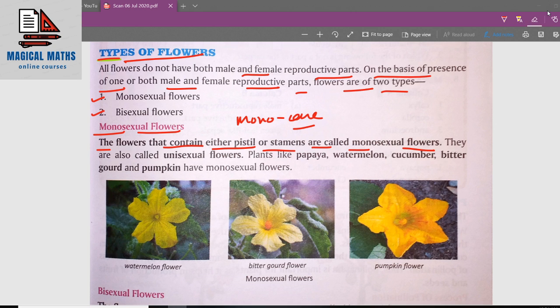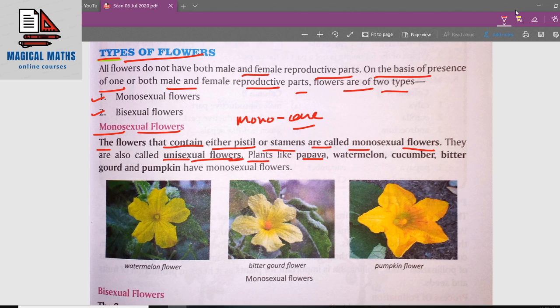Now what are monosexual flowers? Monosexual flowers are the flowers which have either pistil or stamen, I mean to say only one of them. Those kinds of flowers are called monosexual flowers. They are also called unisexual flowers.